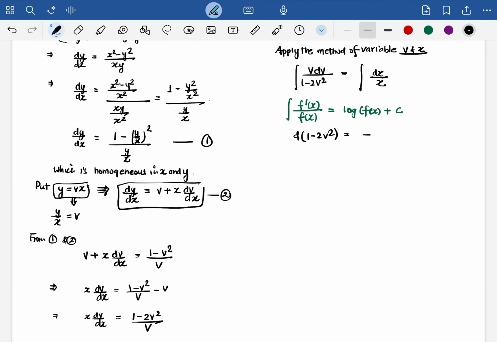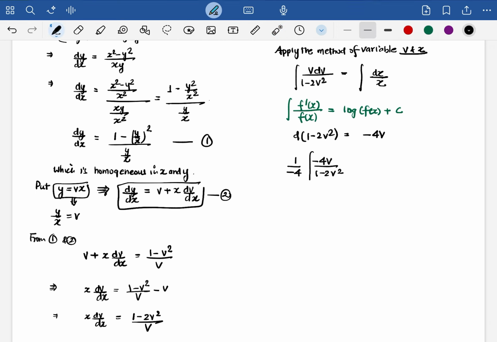Can we say this is nothing but minus 4v, but here only v is present, so what can we do? We can just divide by minus 4 and multiply by minus 4. Is there any change? No, because we put the same values in the numerator and denominator, so they will get cancelled.